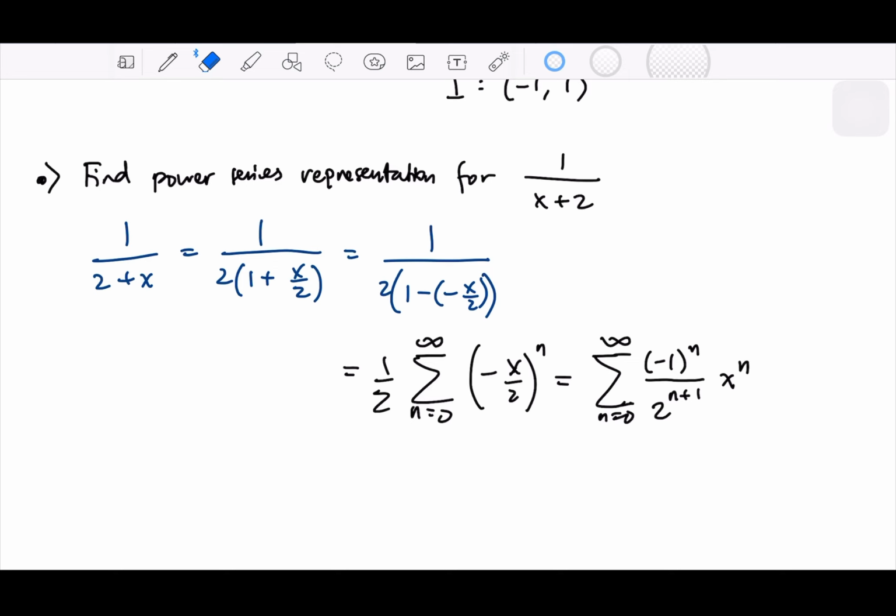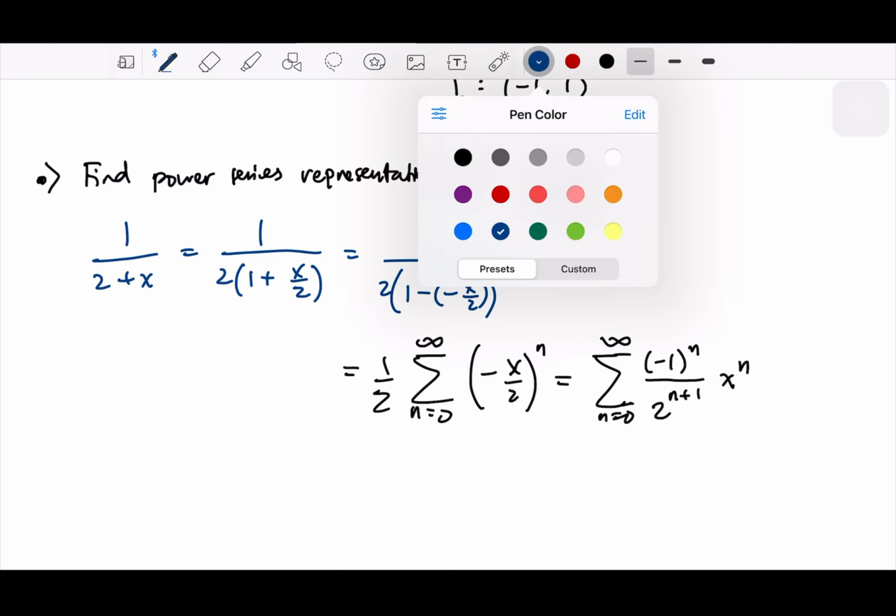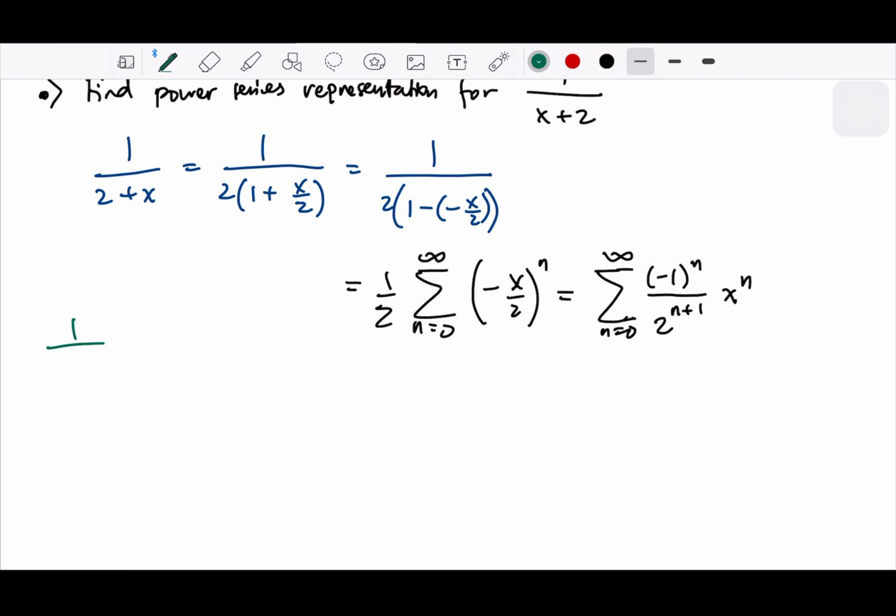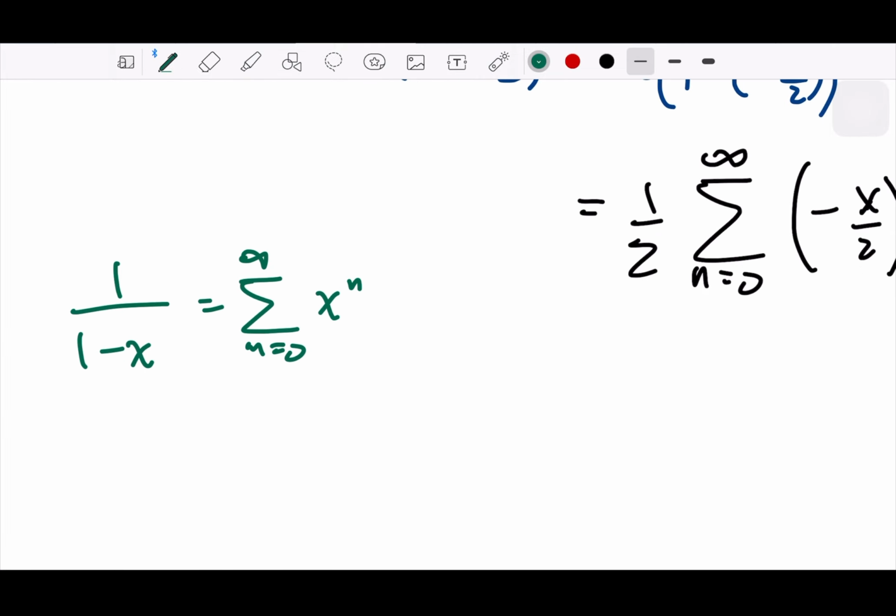Okay, so the idea still, let me just write the idea so that you don't forget. The idea is from this, okay. So what it means is, if we have a different x here, then we just exchange this x with those numbers.